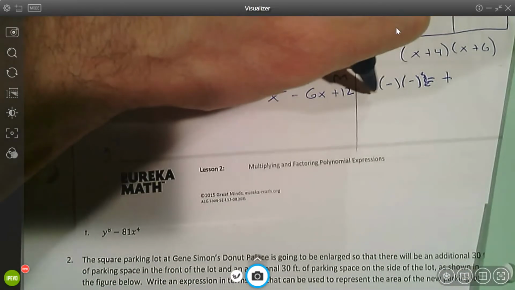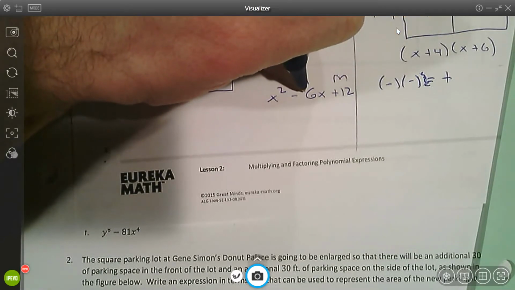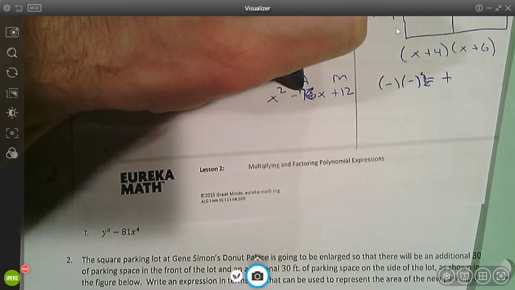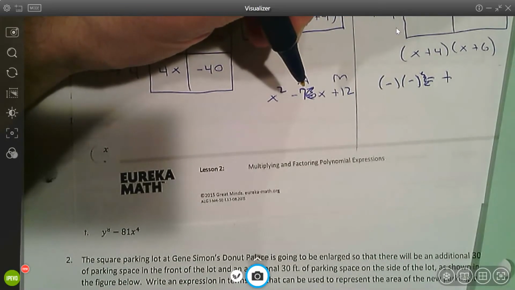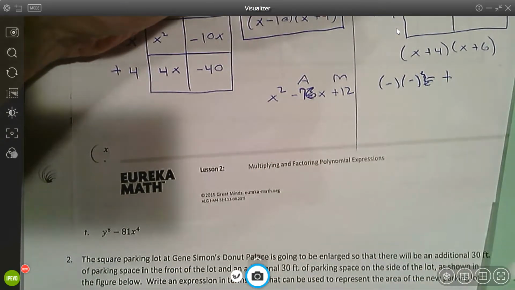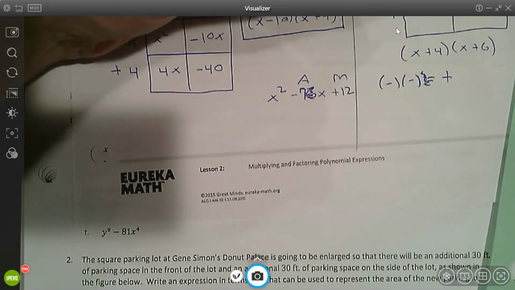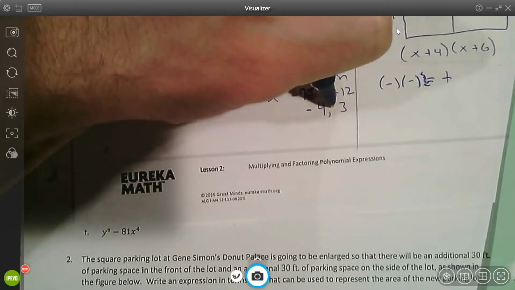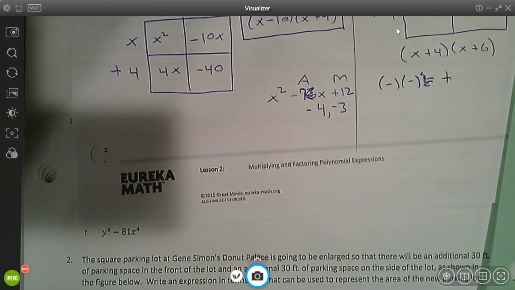I messed up this problem. This should be minus 7x. So I need numbers that add up to 7 that multiply to 12. That's what I was trying to go for here. So I'm talking about 4 and 3 as the magic numbers, but they both need to be negative.